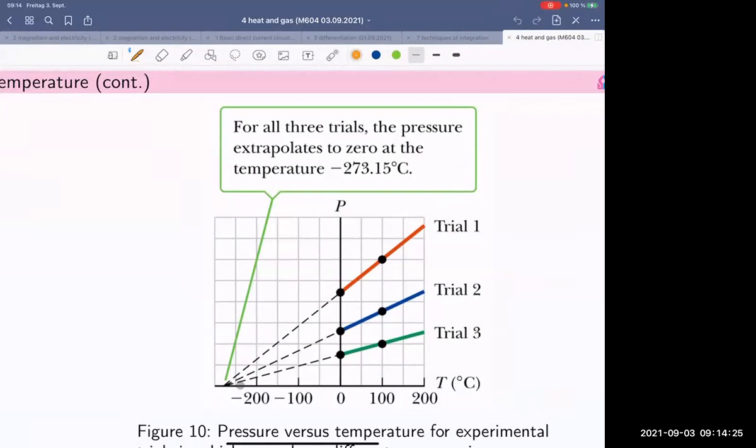So how often could we deal with the Kelvin scale? This scale is called Kelvin. We would say at this value, it's the absolute temperature value. It's 0 Kelvin.